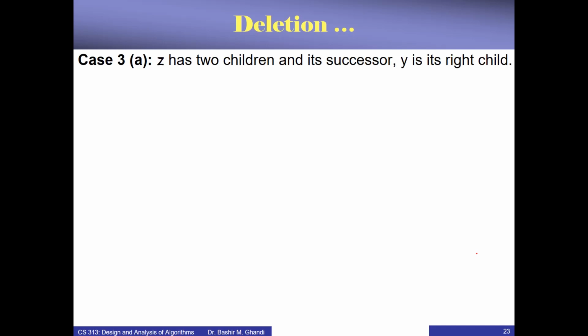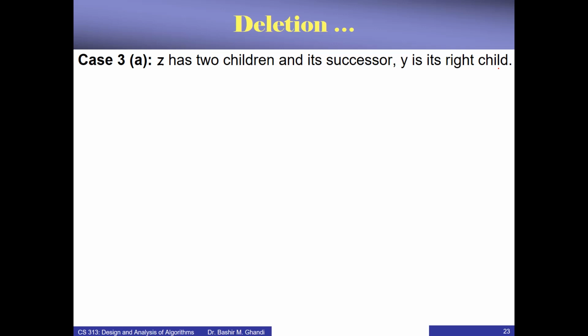Okay, next case is that Z has two children, but this involves two sub-cases actually. So we have the first case: Z has two children, but its successor Y is its right child.